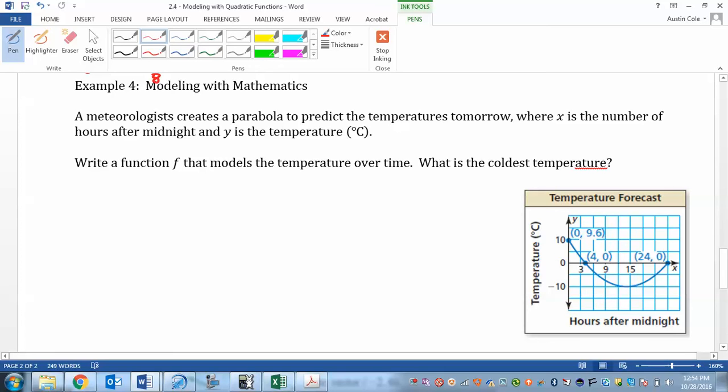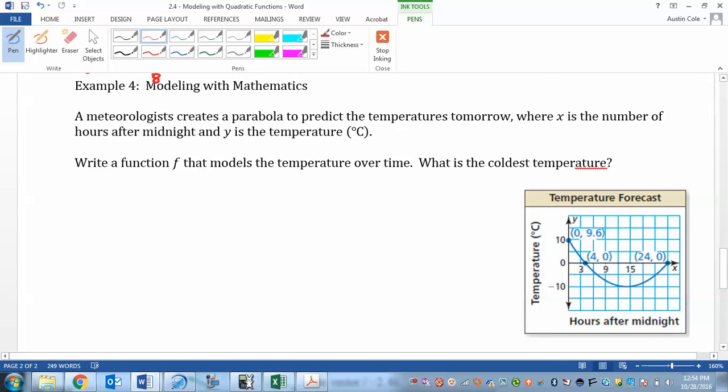So what does 13 represent on the graph? What's 13 on the x represent? I'll start over. What does 1 on the graph on the x mean? 1 in the morning. What's 2 on the x mean? 2 in the morning.